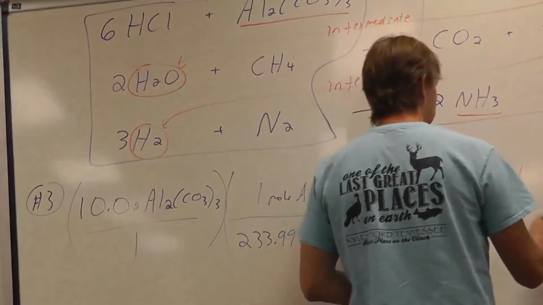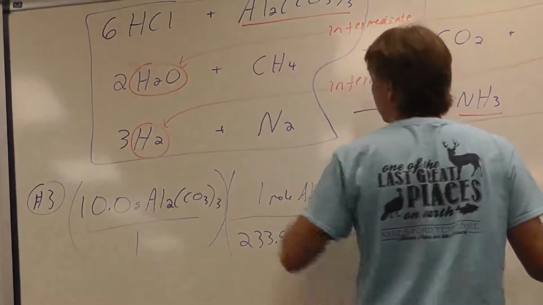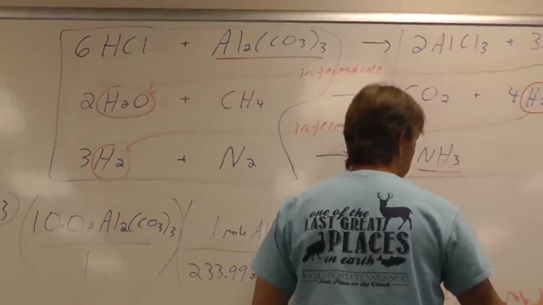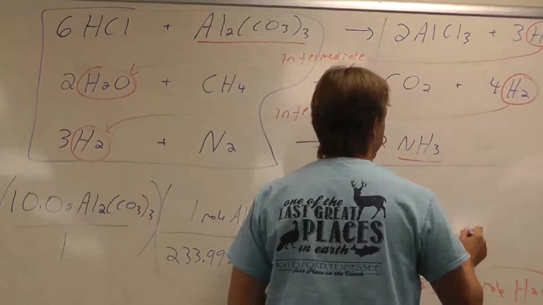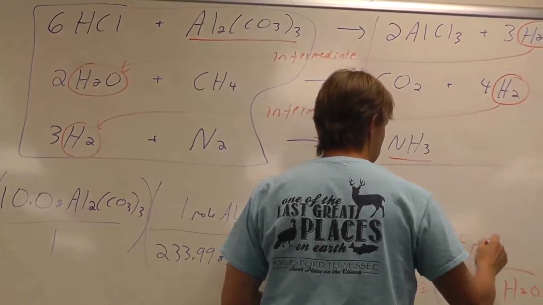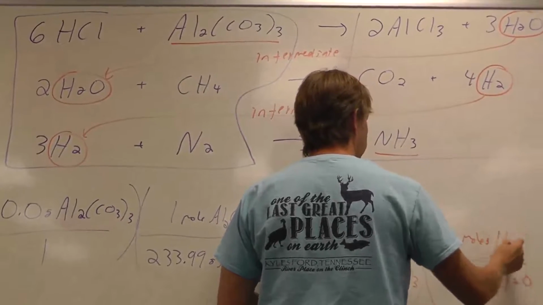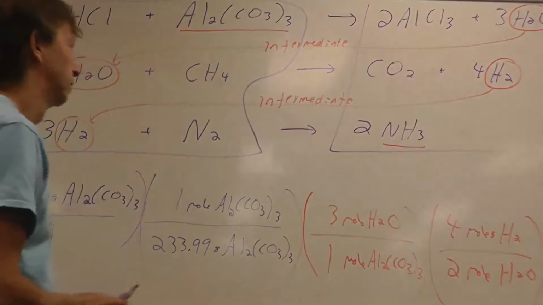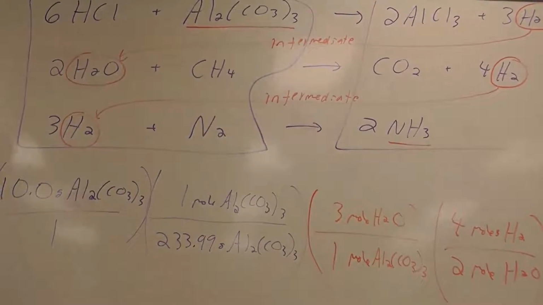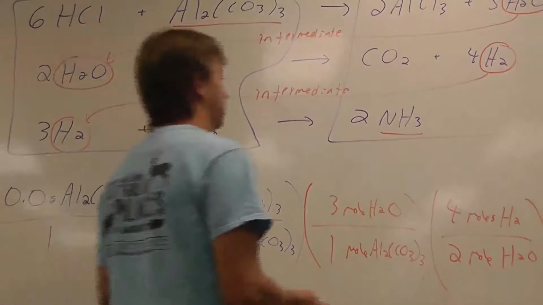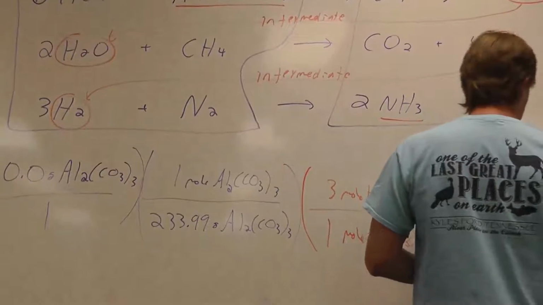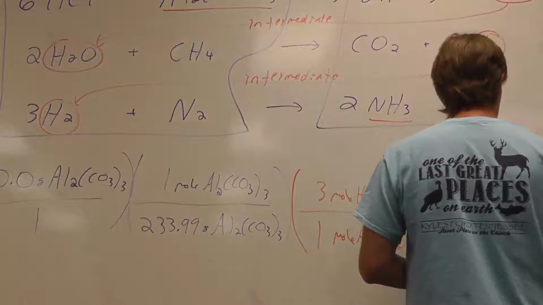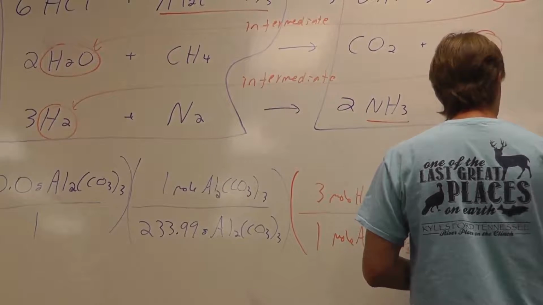In the second reaction, we'd be relating water to diatomic hydrogen. 2 moles of water, 4 moles of hydrogen. That allows us to get to the third reaction then, where the coefficients are 3 moles of hydrogen, 2 moles of ammonia.